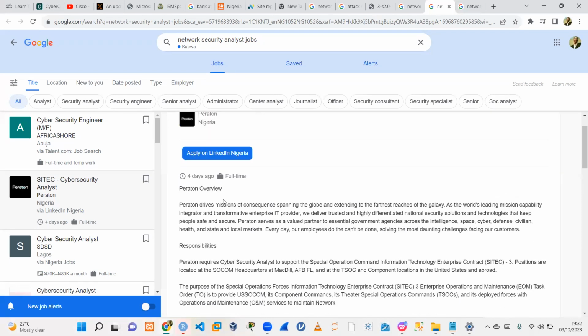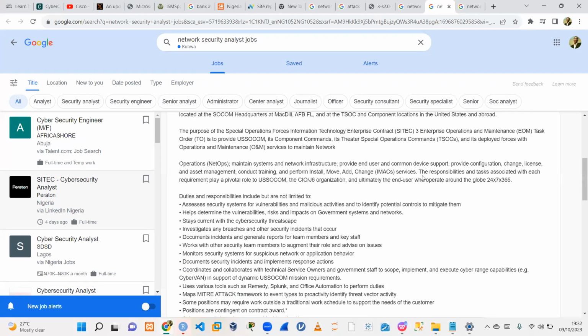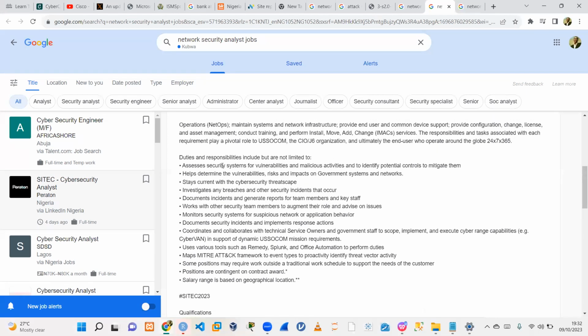Okay, let's look at this one. Cybersecurity analyst. Coordinate, collaboration, CyberVan, Remedy, Splunk, Office automation, MITRE ATT&CK framework.